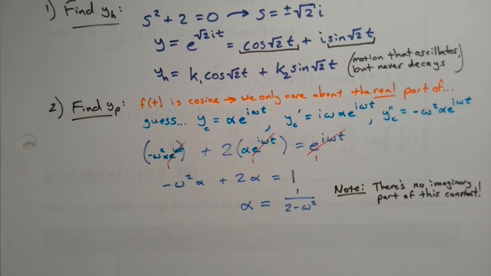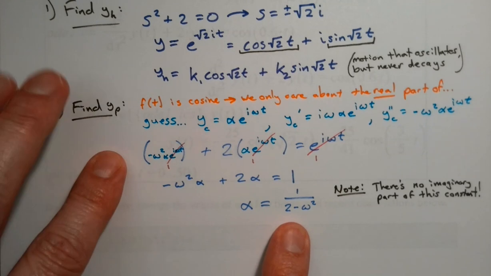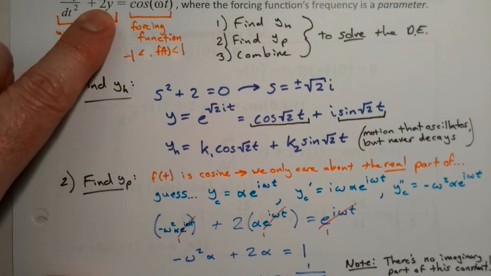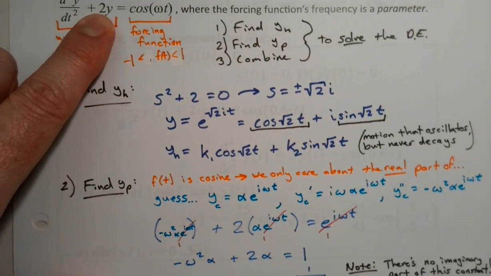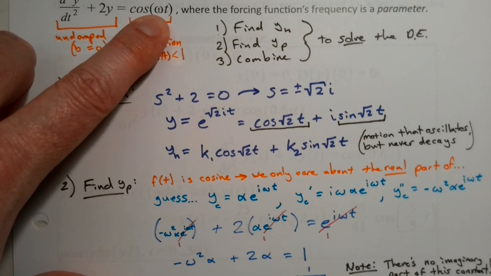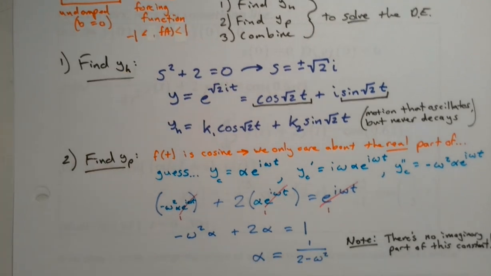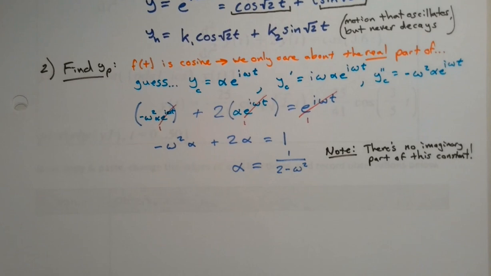Right? It's just 1 over 2 minus omega squared. The 2 comes from my original differential equation, this guy right here. And the omega comes from the forcing function's frequency, right? So pretty straightforward.